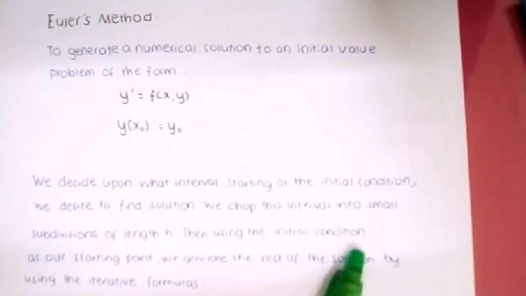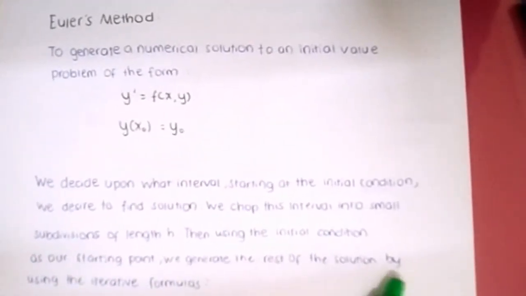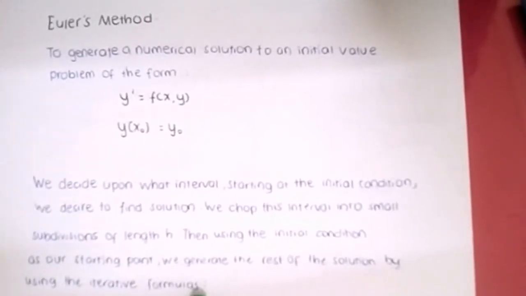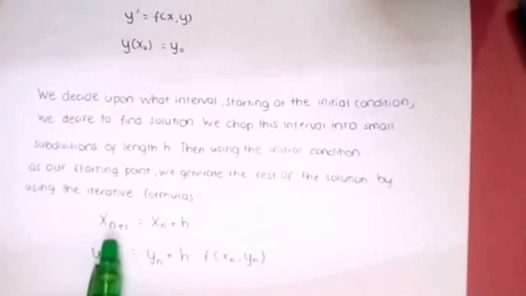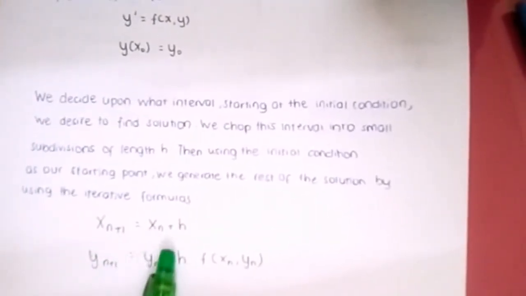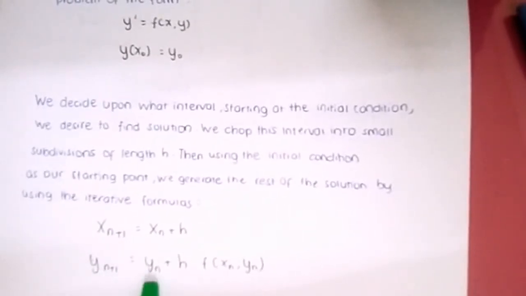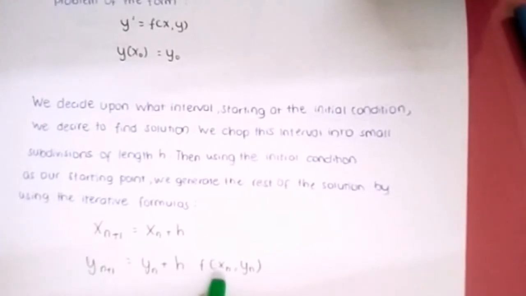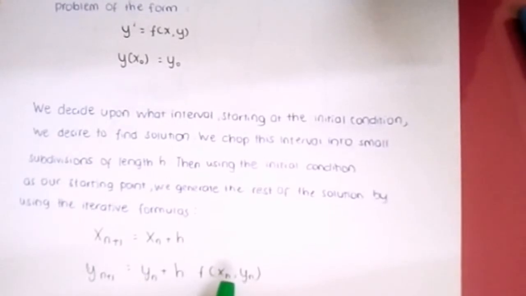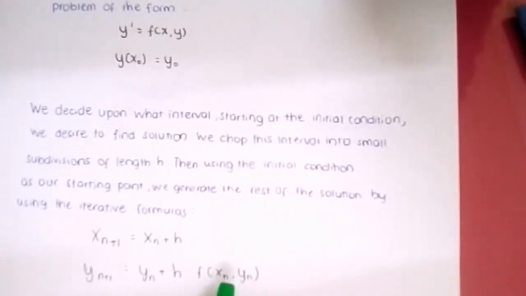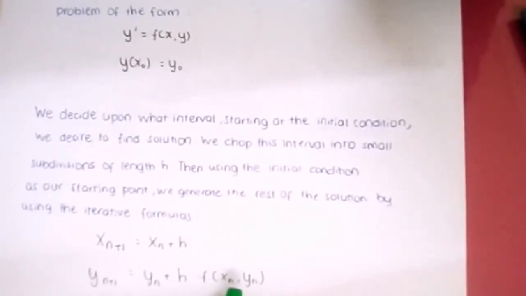Then, using the initial condition as our starting point, we generate the rest of the solution by using the iterative formula, which is x(n+1) equals x(n) plus h, and y(n+1) equals y(n) plus h f(x(n), y(n)). To find the coordinates of each point in our numerical solution, we terminate this process when we reach the right end of the desired interval.